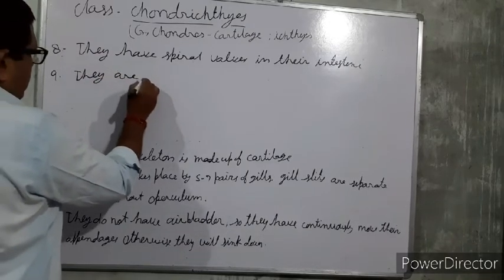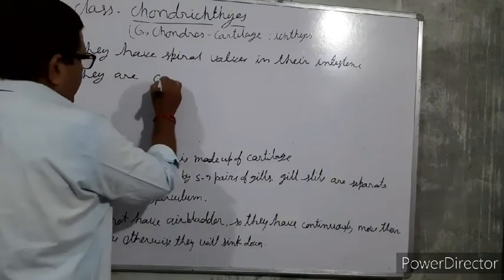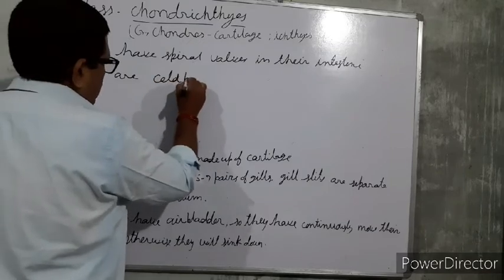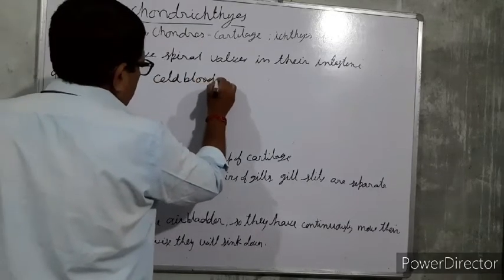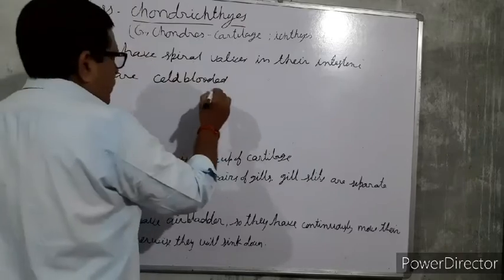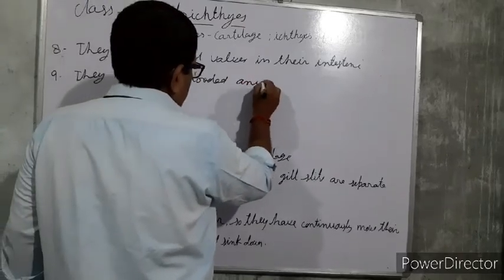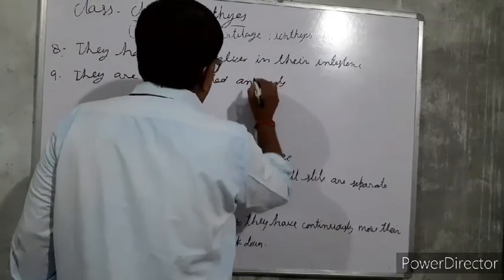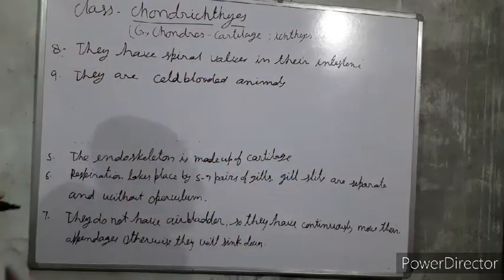They are cold-blooded animals. Cold-blooded means that their body temperature changes according to the surrounding water.